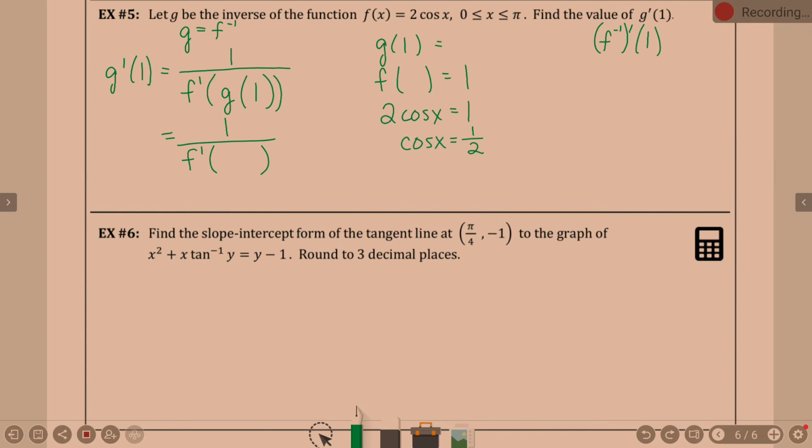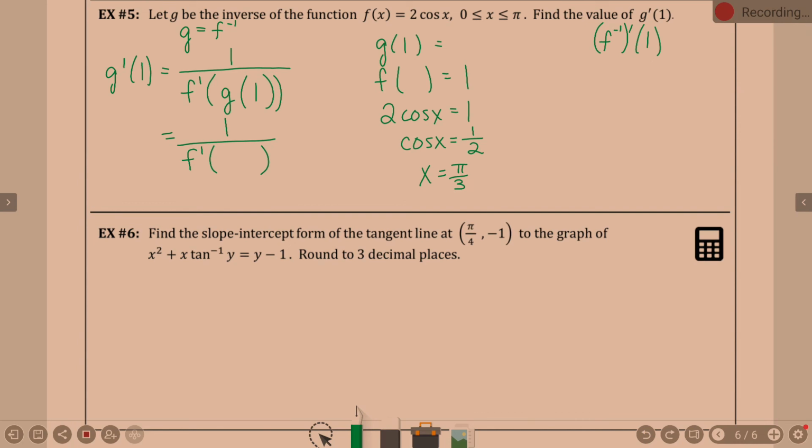The one at the bottom of the chart. My brain will sometimes go 30, 45, 60. But then I have to convert, okay, 60 is pi over 3. And we just want pi over 3 because it's just 0 to pi. If we go over into quadrant 2, cosine is negative there. So we want x is pi over 3.